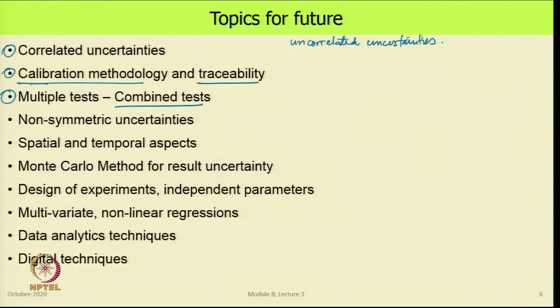We studied the same case where you have a setup, everything is the same and the test is done again and again, that is repeated tests. Then we have not looked at non-symmetric uncertainties. Everywhere we kept on saying that we look at only symmetric uncertainties.